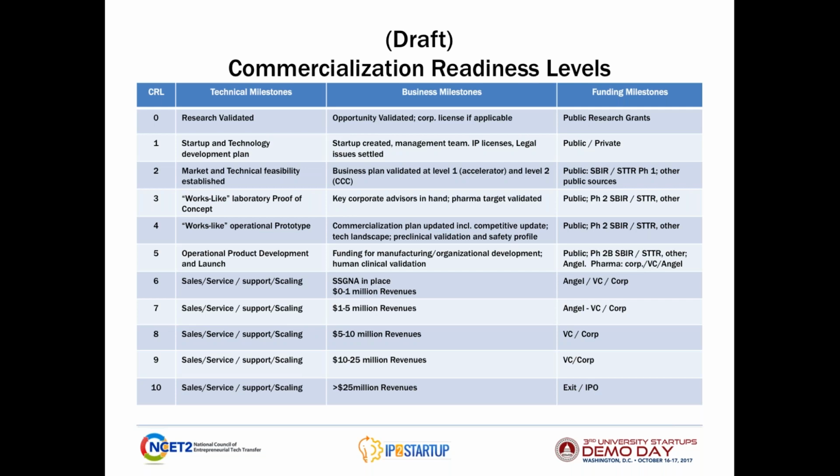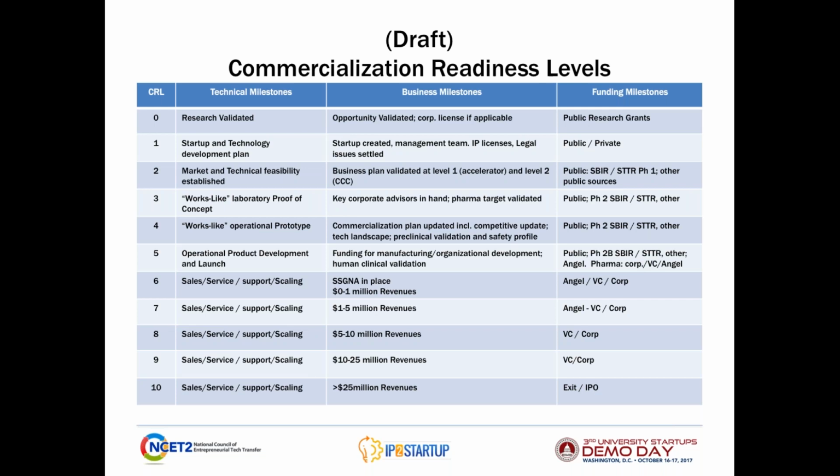This is the graphic. I don't want to spend a lot of time on this, but for that angel in the audience, we are doing these milestones with these companies. It's really an industrial model that the corporates have come up with. So everything's broken down into what we're calling commercialization readiness levels.